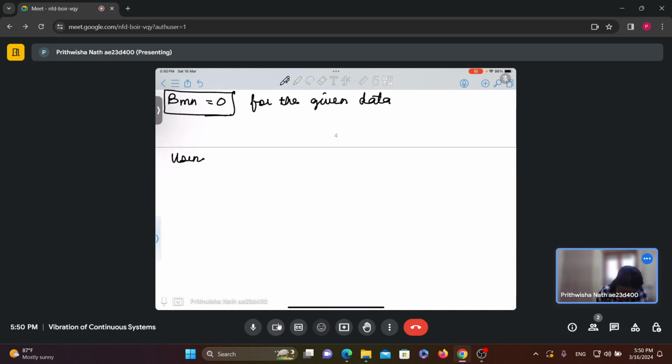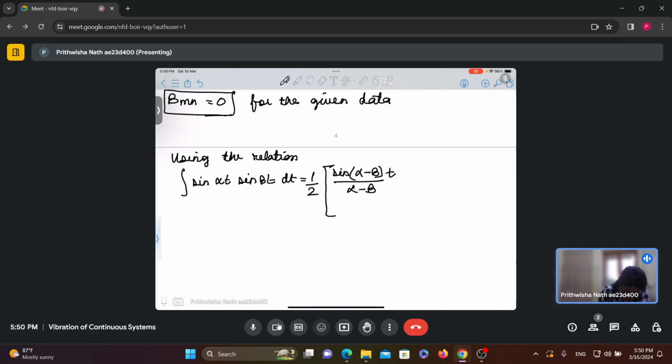We can use this formula, using the relation integral of sin alpha t sin beta t dt equals half of sin((alpha minus beta) t) divided by (alpha minus beta) minus sin((alpha plus beta) t) divided by (alpha plus beta).